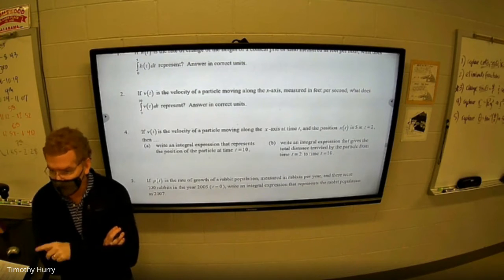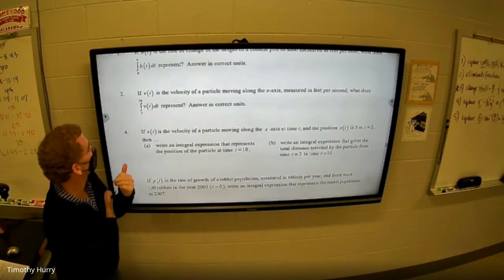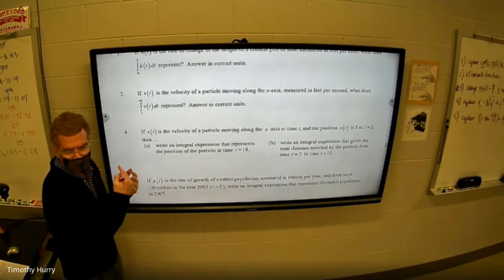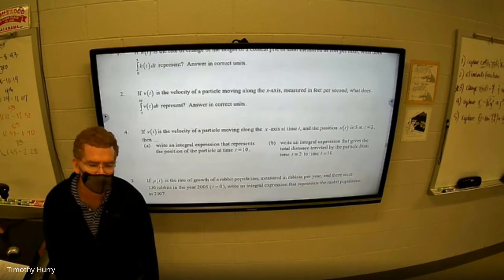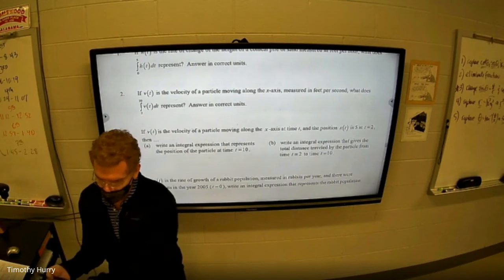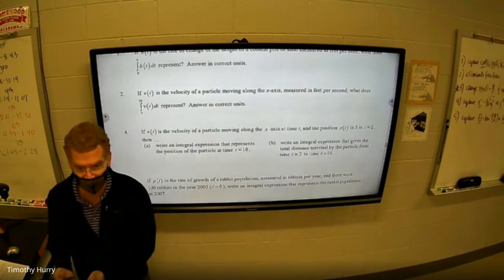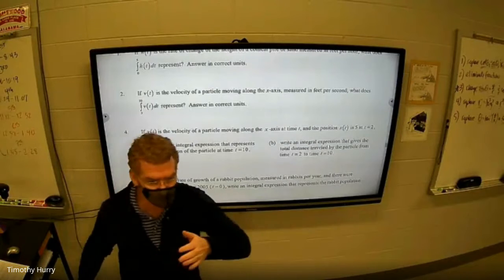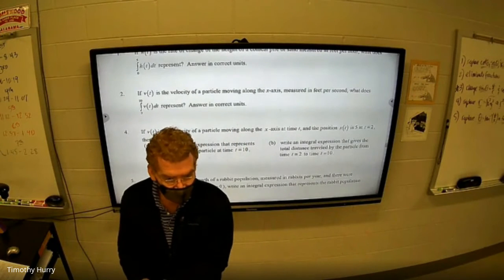It's the change in my position. Don't do this: I have people all the time who say, well, if I integrate a rate, I get an amount, so it's the amount of velocity. Don't say that. You take a derivative of position to get velocity, and you integrate velocity to get the change in the position. Not the distance, because could I change position by going positive, then negative, and be right back where I started?